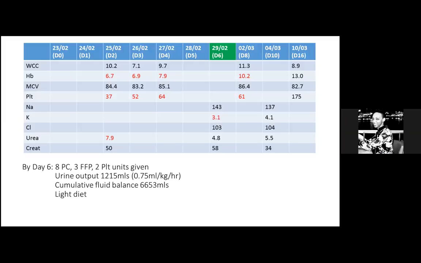All right, good morning, everyone. So commenting on the HB, from the day of admission, we don't have any result, but 2 days after admission, we have noted that the patient had an HB of 6, which is anemic.